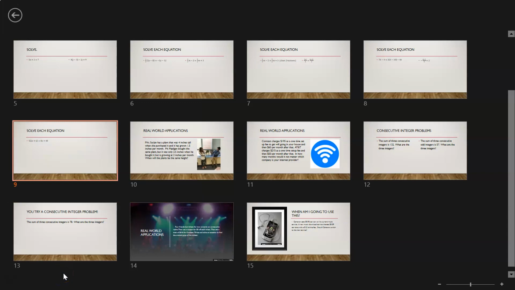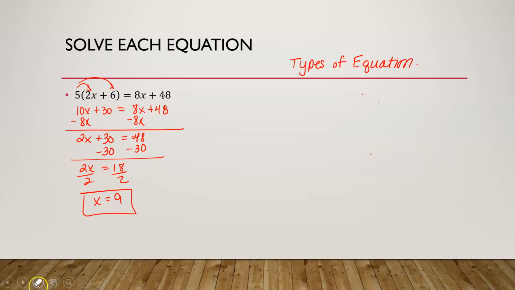Where was I? I was here. So let's talk about no solution. Nothing will work. So when you have no solutions, your coefficients are the same, so same coefficients, and different constants.